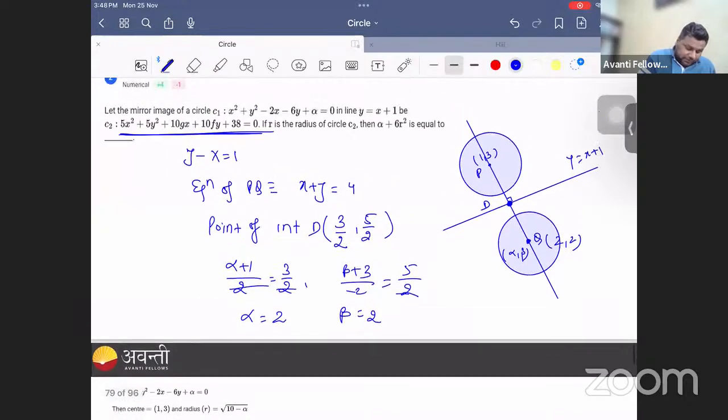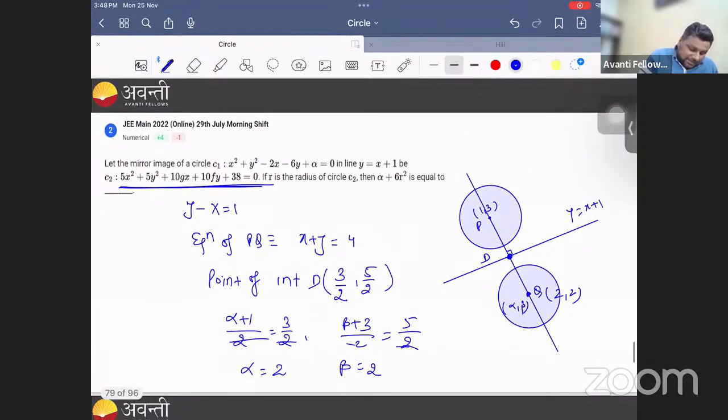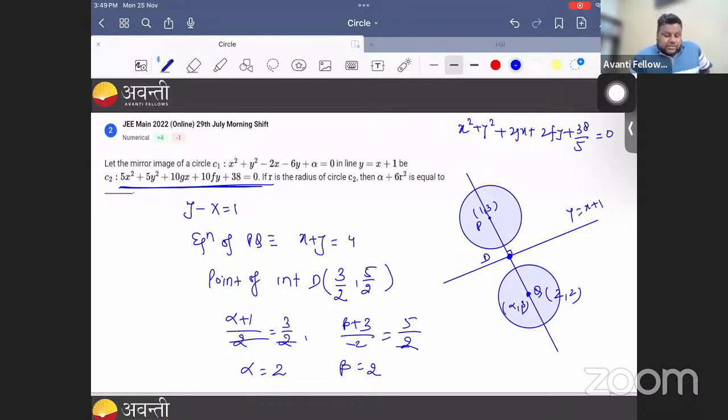So the image circle is x square plus y square plus 2gx plus 2fy plus 38 upon 5 equals 0. So if the center is (2, 2), the circle is going to be x square plus y square minus 4x minus 4y plus 38 upon 5 equals 0.